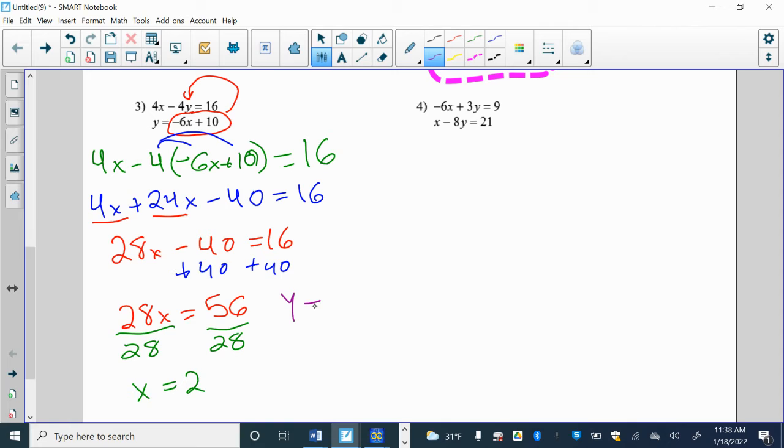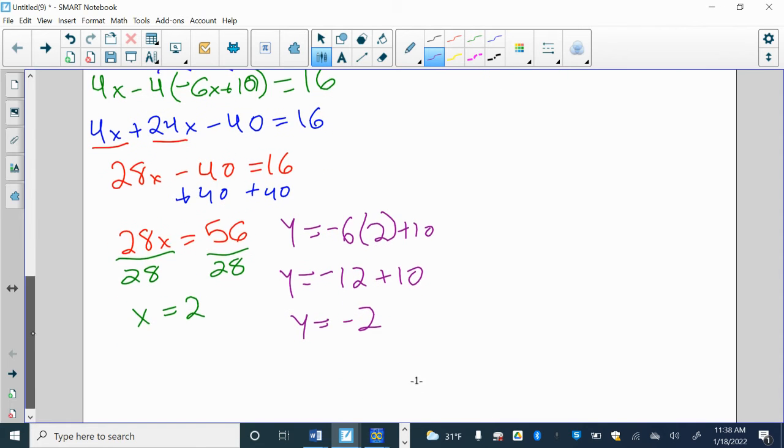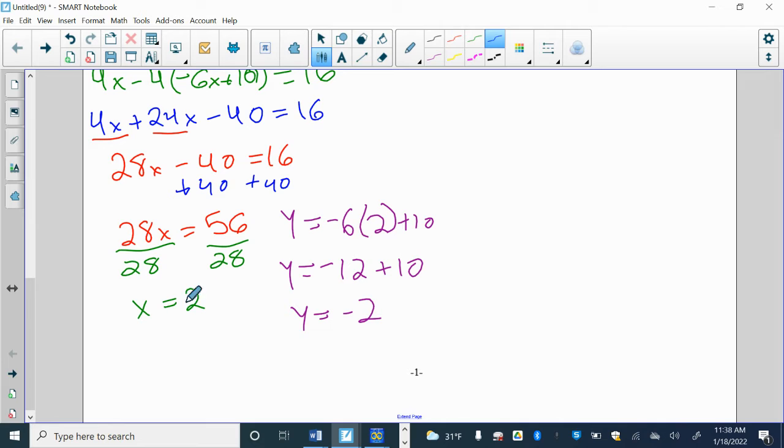So we can say y equals negative 6 times 2 plus 10. Negative 12 plus 10, negative 2. So x comma y, 2 comma negative 2. That's our solution.